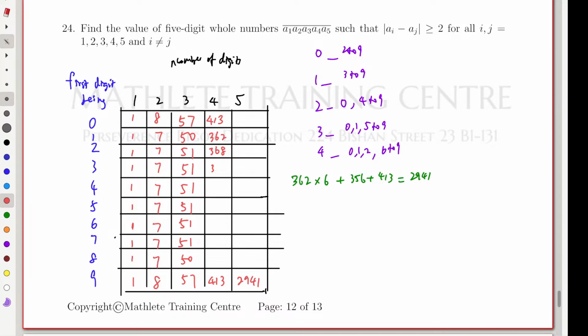For 2 it is 368, but for 3 it is again a different number, because the number for 3 adds up from 0 to 1 and then adds up the case from 5 to 9. So that number is going to be, let me write it down, 57 plus 50. And then you have 5 to 9 here, which is 51, 51, 51, 50, and 57.